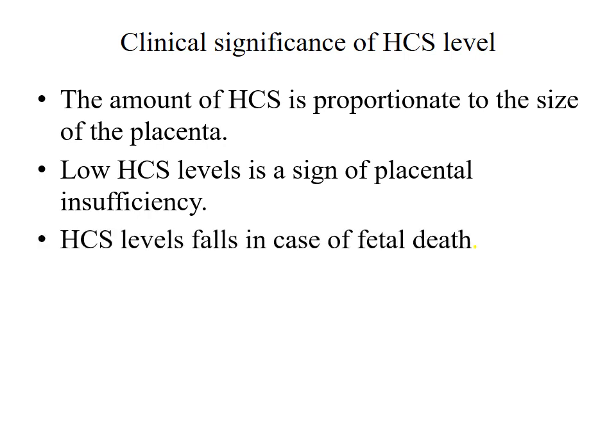HCS levels will fall. It will go to a zero level when there is a death of the fetus. Right? In utero, if the fetus dies, under diagnostic test, when they see there is no heartbeat in the ultrasound, they will also check the HCS levels in the blood of the mother, and it will be seen to be completely zero. That shows that the placenta is not functional.